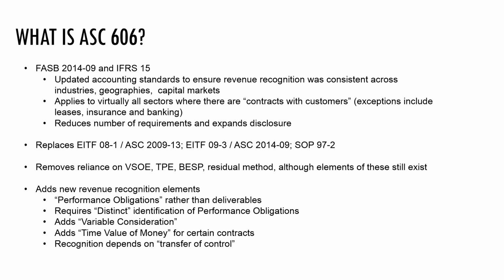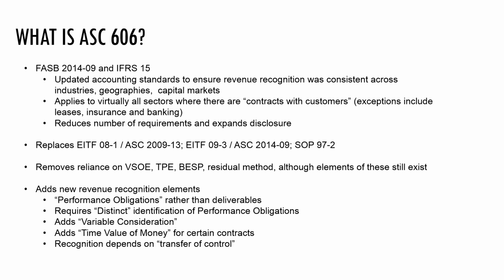One of the nice things about it, though, is that because it gets rid of a lot of other standards, there's a string of them listed here on the slide that are going away, it basically is going to make your life a lot easier. It reduces the number of requirements. On the flip side of that, it does expand your judgment calls and the disclosures to your financial statements.